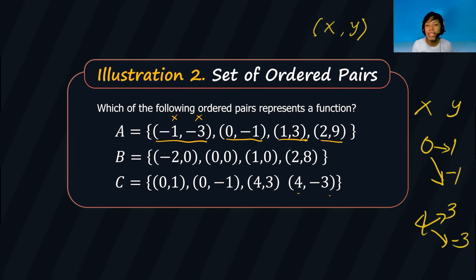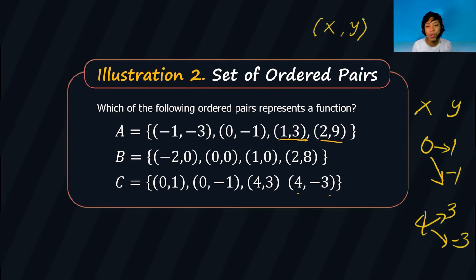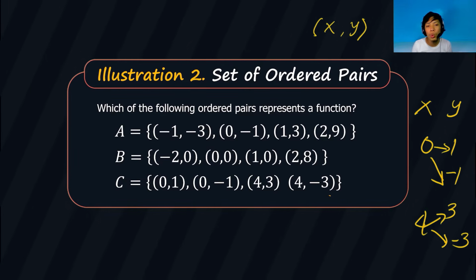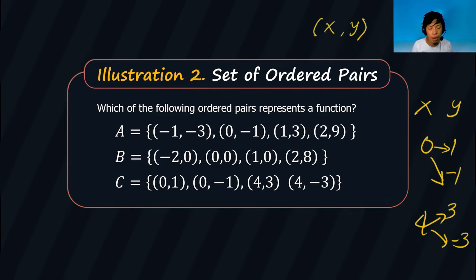So how would we identify if the given ordered pairs are a function without having to transform them into an arrow diagram?